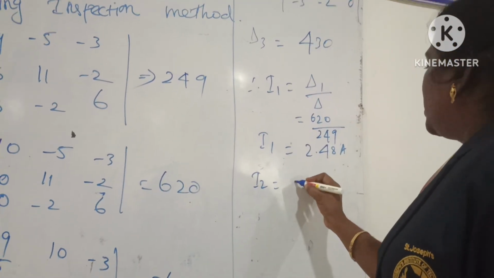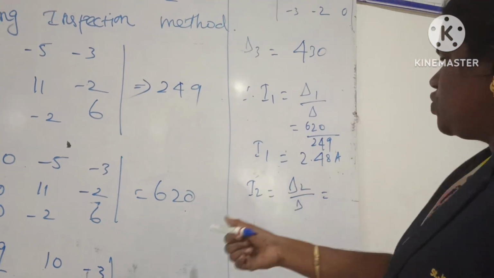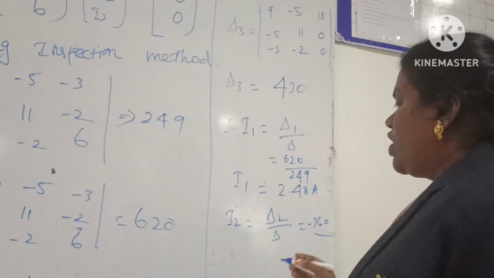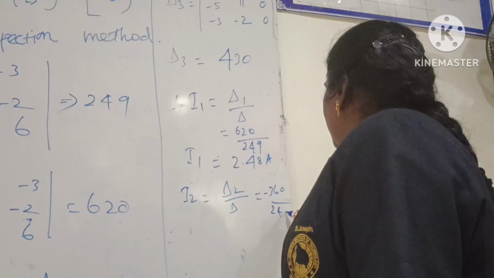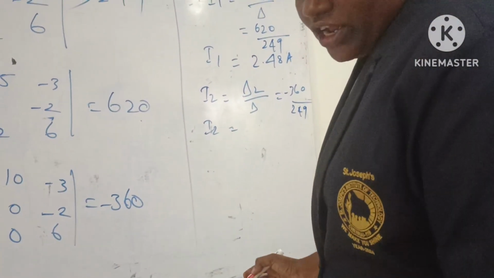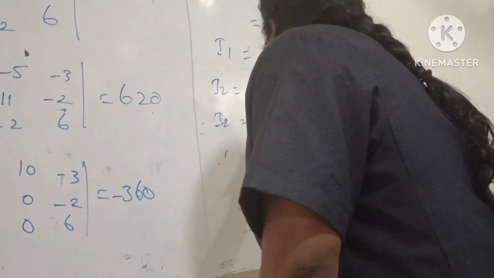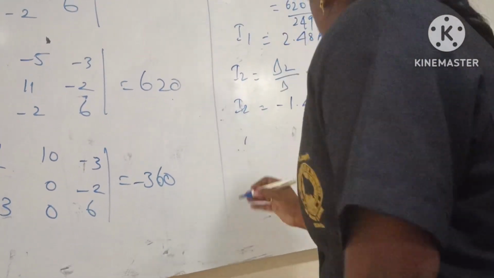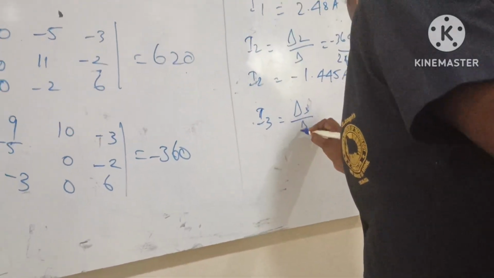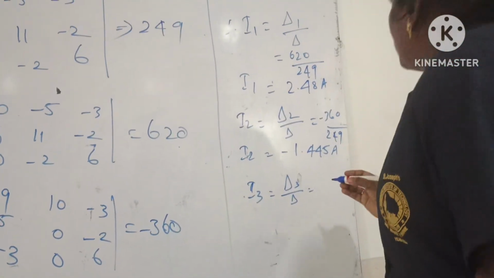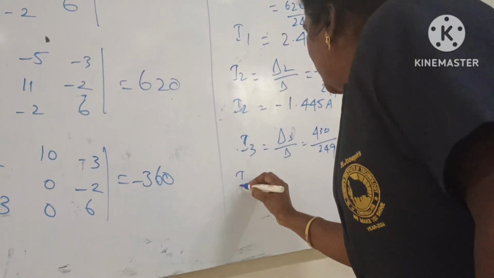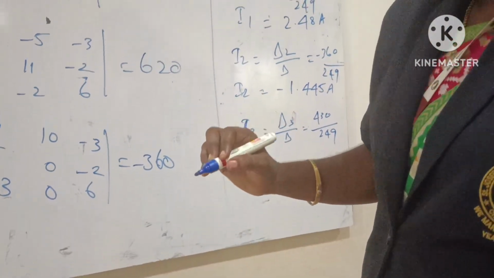I2 is del 2 by del, minus 360 divided by 249, so I2 current is minus 1.445 amps. Then I3 is del 3 by del, 430 divided by 249.